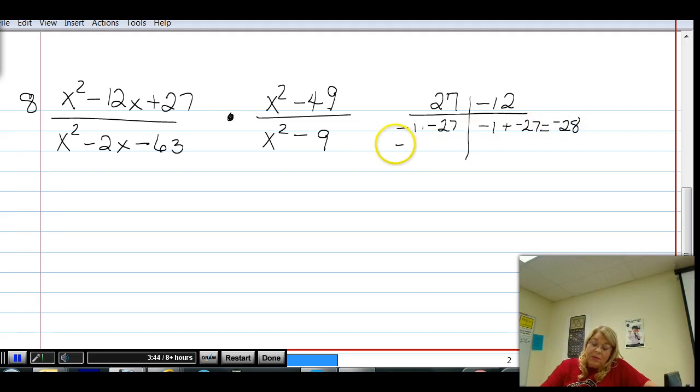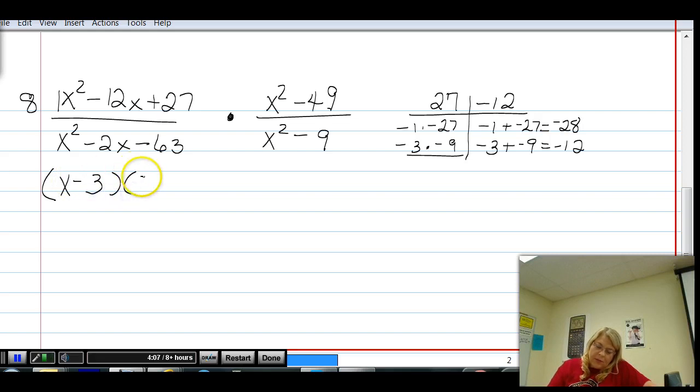And I have negative 3 and negative 9. And when those are added together, I get the negative 12 that I was expecting. So my leading coefficient is 1. What I see over here is what I get over here.